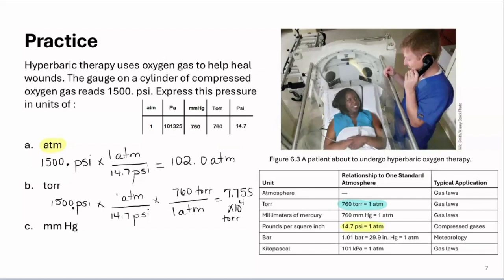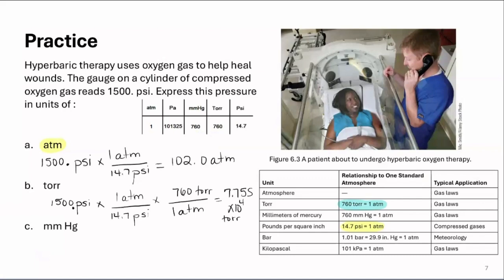Lastly, we need to change from PSI all the way to millimeters of mercury. One of the things that we can observe is that torr and millimeters of mercury are equivalent to one another. 760 millimeters of mercury equals 760 torr. So the relationship between millimeters of mercury and torr is 1 to 1.